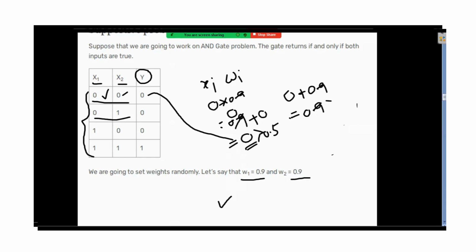Now, when the summation, that is the scalar product, is compared with the threshold, what you observe is 0.9 is greater than 0.5. So your obtained output is 1. And when you compare it with the actual output, there is no match, meaning an error exists.